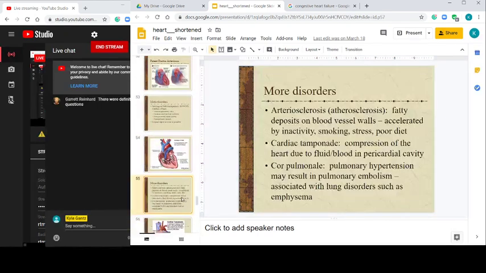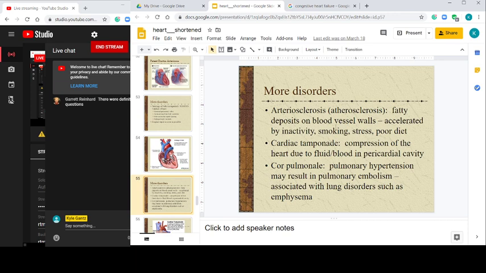All right. So, other things that go wrong with the cardiovascular system. Arteriosclerosis or atherosclerosis is fatty deposits on the blood vessel walls. It's accelerated by inactivity, smoking, stress, poor diet. We talked about the buildup of cholesterol in the arteries. We talked about damage to the vessel walls causing platelets to stick, and then you get stuff that slams up against there over years.